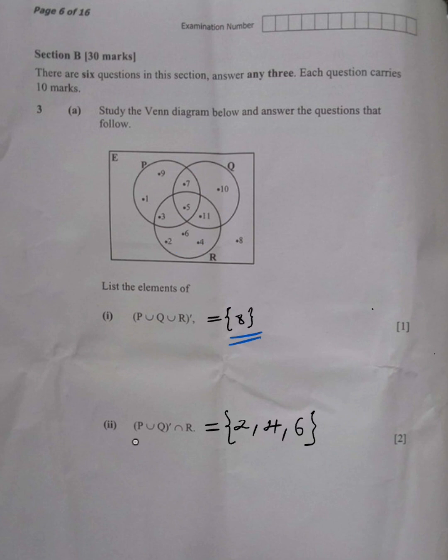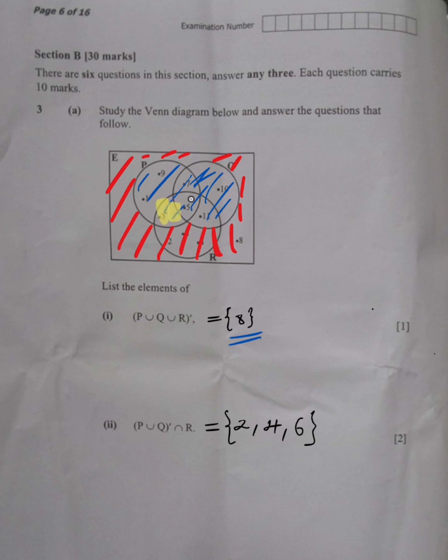Next, we have P union Q complement intersection R. So the first thing is to identify what is P union Q. Now, P union Q, it is these elements that are in here. That is P union Q. And what is P union Q complement? It is everything that is outside here. Okay, now what is R? R is here.